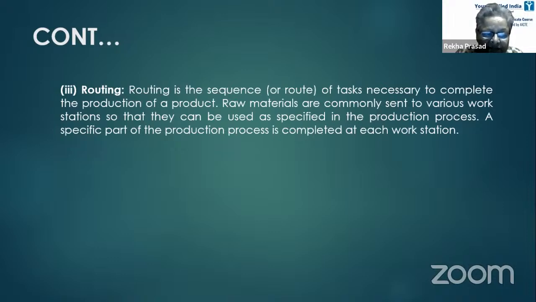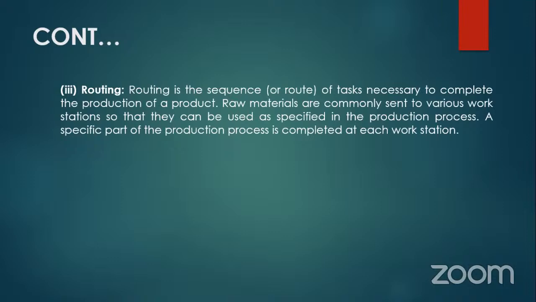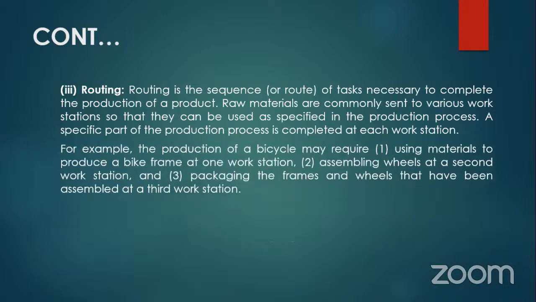Next is your routing. Routing is the sequence of tasks necessary to complete the production of the product. Raw materials are commonly sent to various workstations so that they can be used as specified in the production process. A specific part of the production process is completed at each workstation. For example, the production of a bicycle may require using material to produce a bike frame at one workstation.